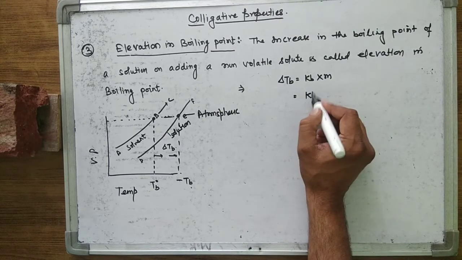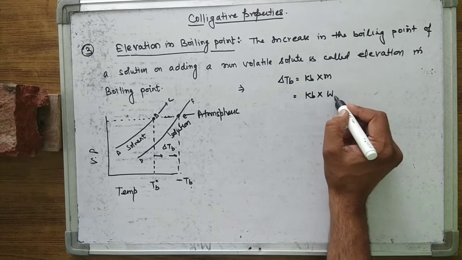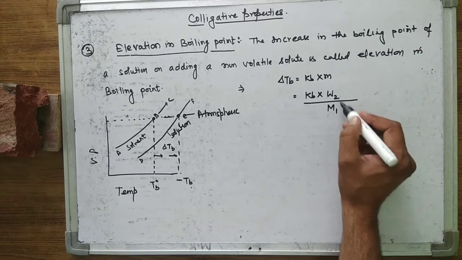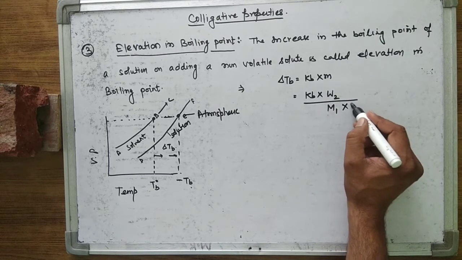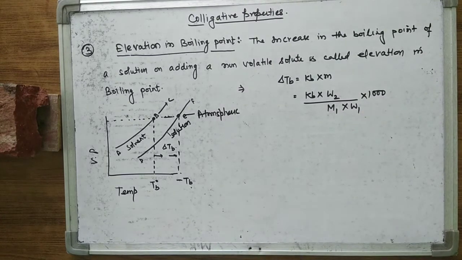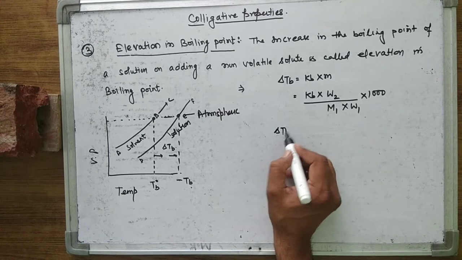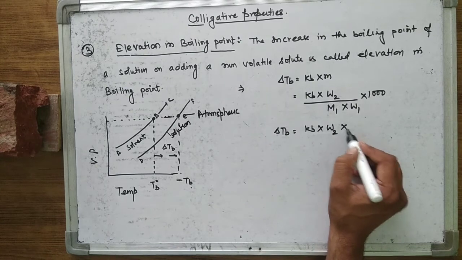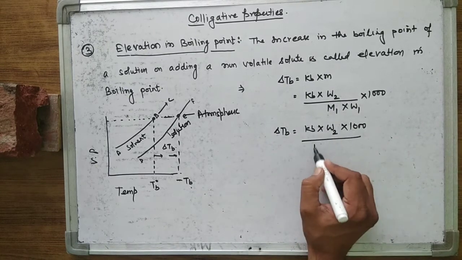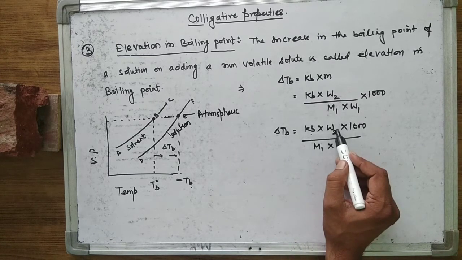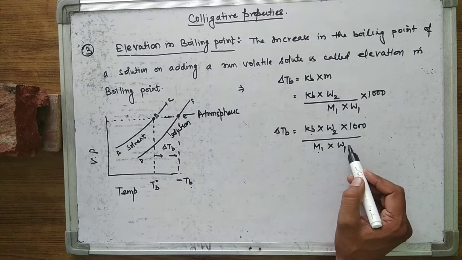Put the value of molality: weight of the solute divided by molecular mass of the solute, which means number of moles, divided by weight of the solvent, into 1000. Overall, delta Tb is equal to Kb into W2 into 1000 over M2 into W1. Kb is the molal elevation constant, W2 is the weight of the solute, M2 is the molecular mass of the solute, and W1 is the weight of the solvent in grams.